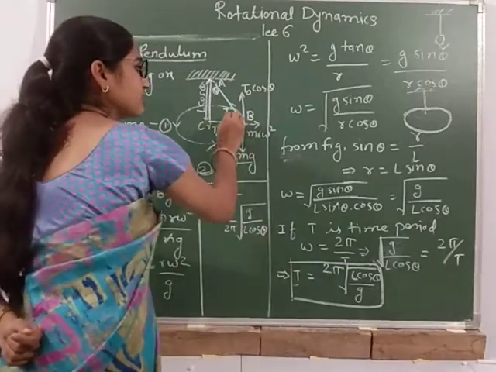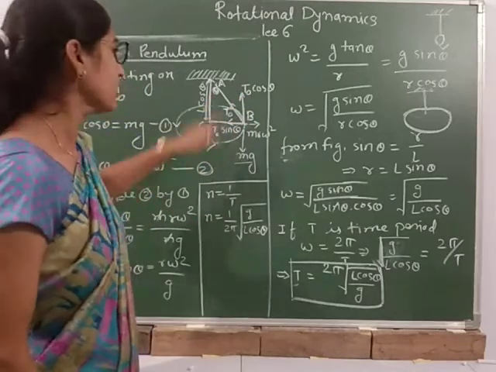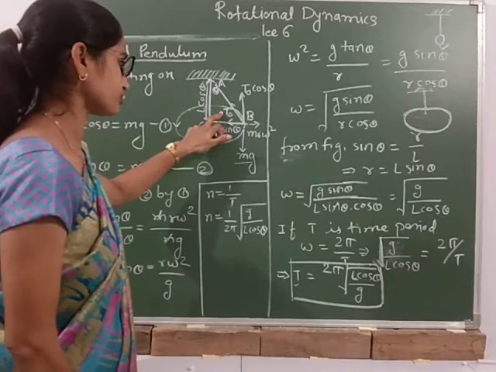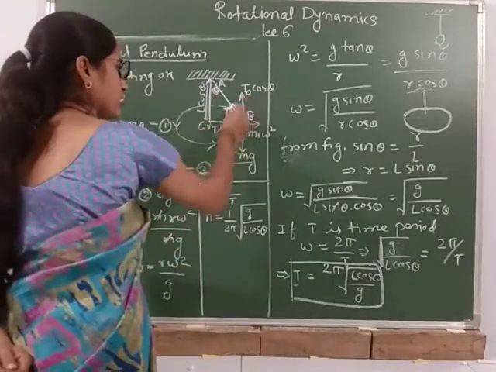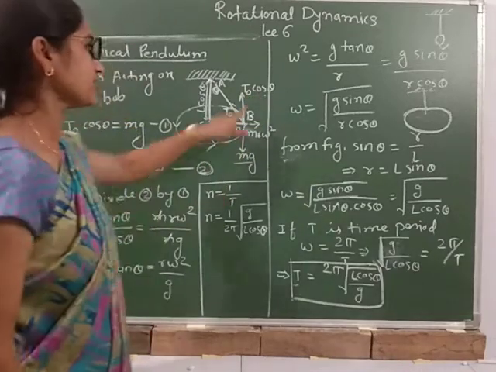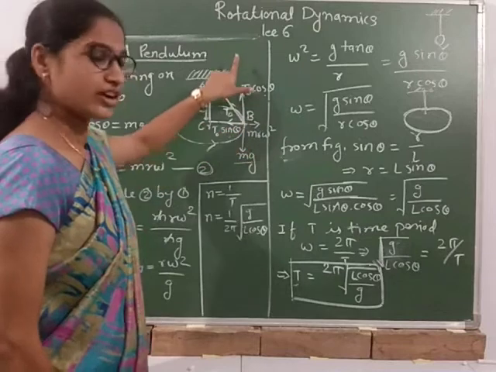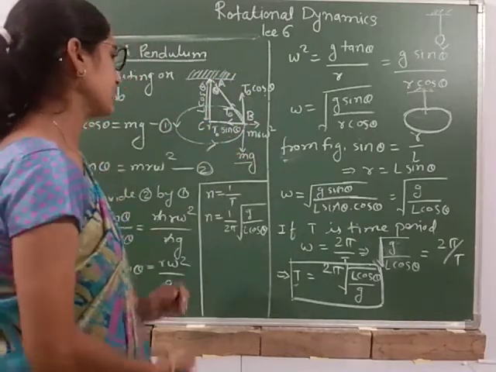Then T0 is the tension in the string. Now this T0 is resolved into two components, T0 cos theta and T0 sin theta. T0 cos theta is in the vertical direction and T0 sin theta is in the horizontal direction.